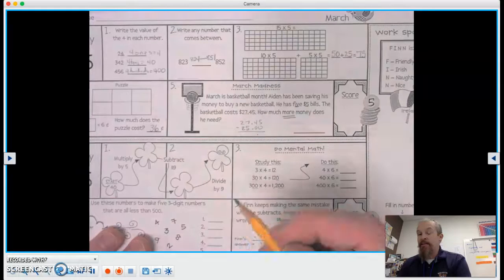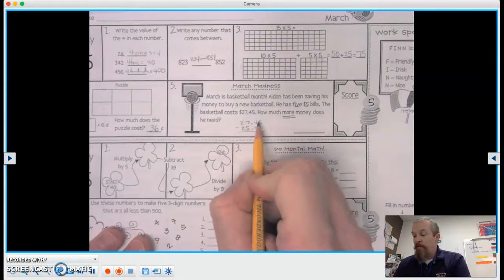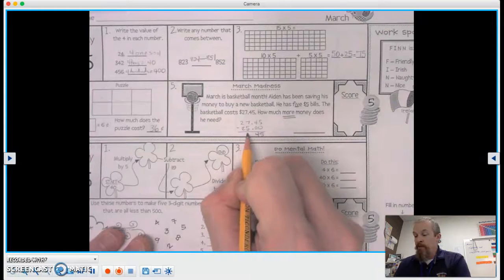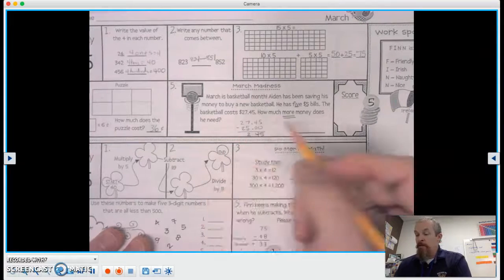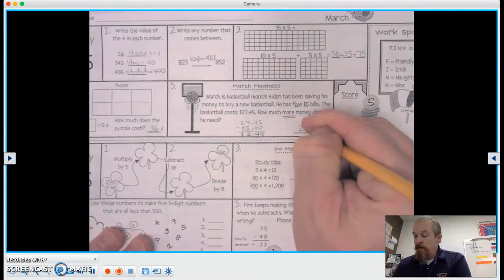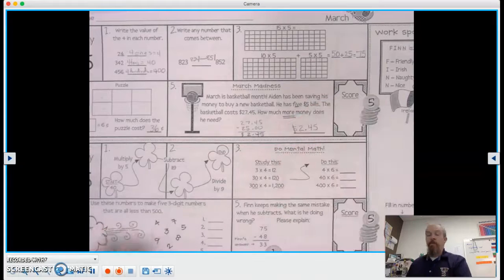So he still needs to get 5 minus 0 is 5. 4 minus 0 is 4. 7 minus 5 is 2. So he still needs $2.45. Okay? All right, $2.45.